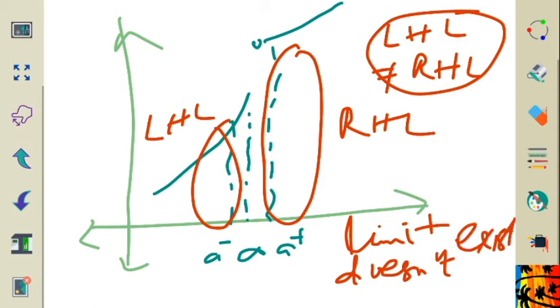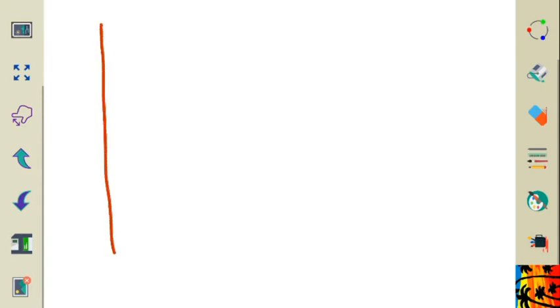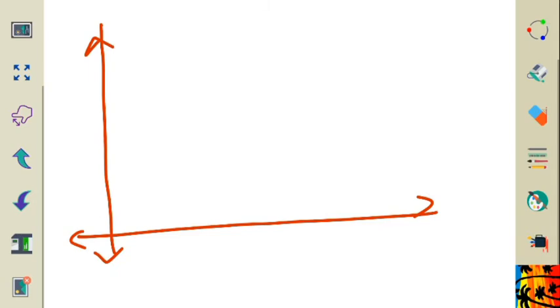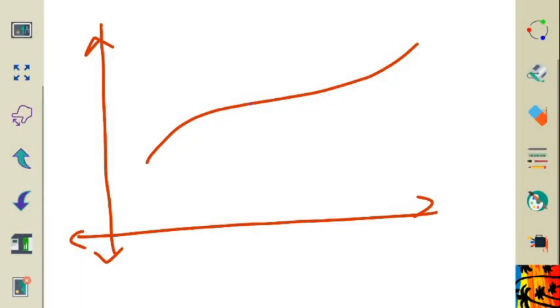Now let me proceed to give another example where limit exists. Clear? Let me draw the graph. Yes, I draw it like this. Now here you see, students, suppose I take this point as a, this height slightly left will be called a minus and slightly right will be called a plus.